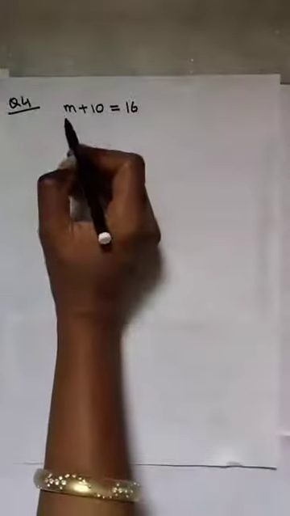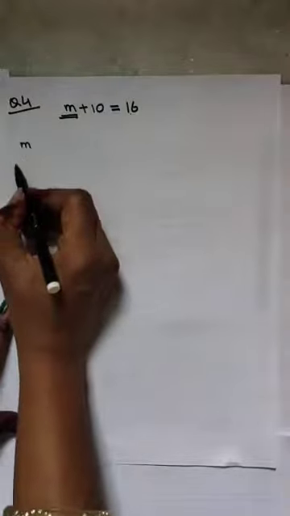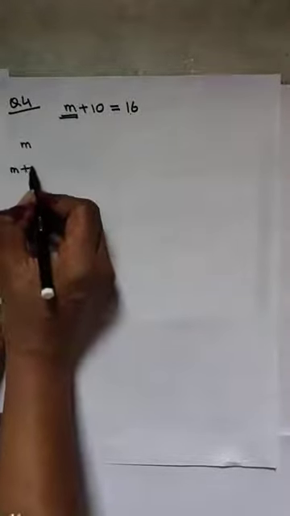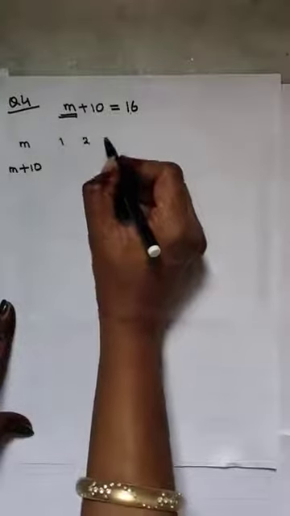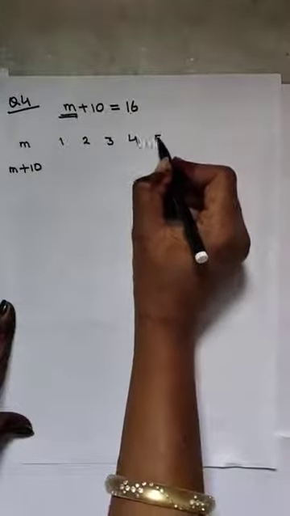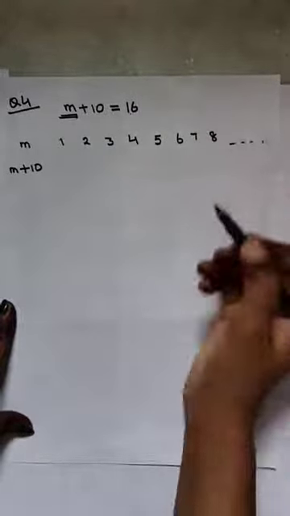Then what should we write in place of m so that it will become 16? Definitely 6. But it is given in the form of a table like this. m plus 10. Here the values of m are written: 1, 2, 3, 4, 5, 6, 7, 8 and so on. So how will you do it?